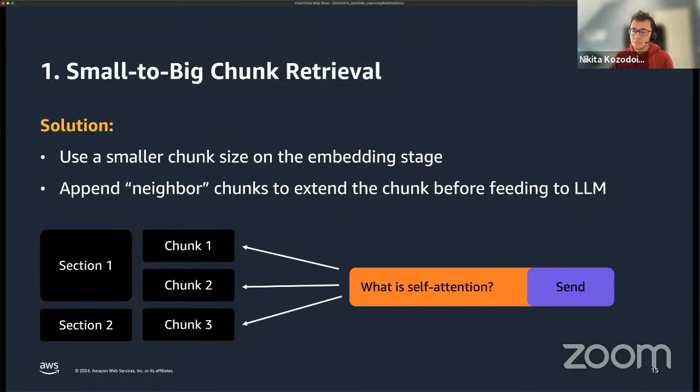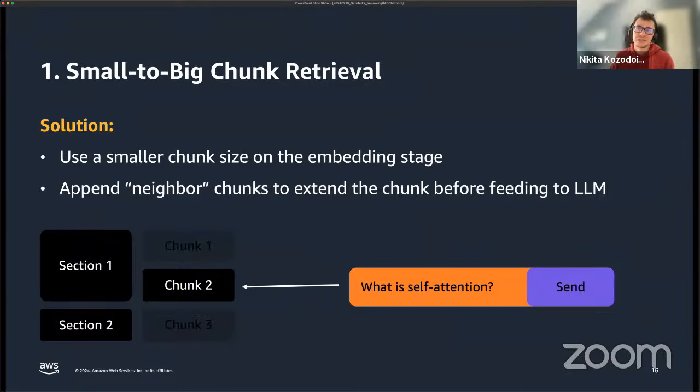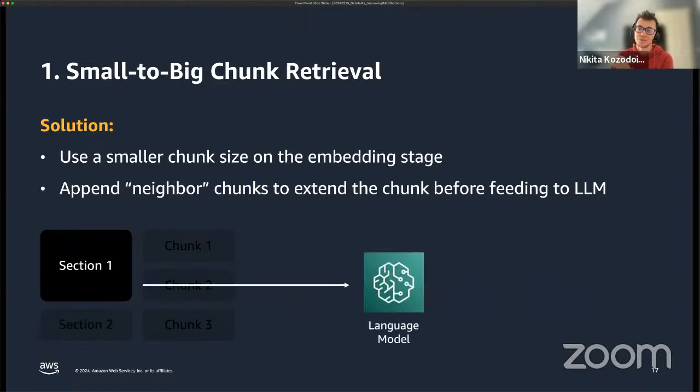And let's say in the embedding space, the closest chunk to the question, what is self-attention, is chunk number 2. So the easy way we can go around that is that chunk 1, chunk 2, and chunk 3 are actually very small chunks. So we pinpoint exactly a very relevant sentence in our document. But instead of sending this chunk to the language model, we will actually send the whole section 1.